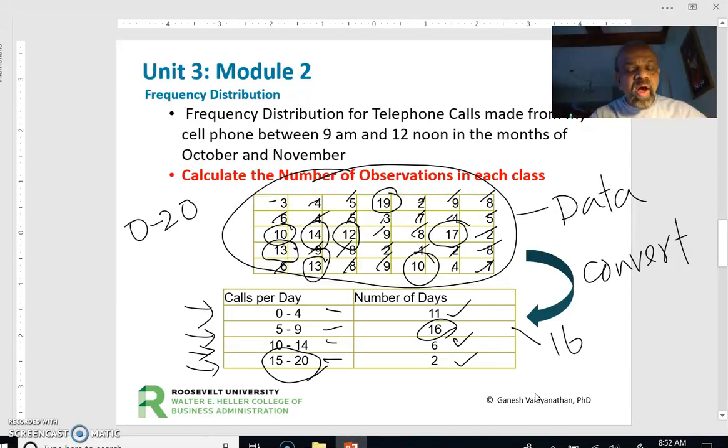From this gibberish data with nothing, I now have some data which basically says I'm not that bad actually. I'm making only 5 to 9 calls for 16 days, the majority of the days. These high numbers of calls I'm making only for a very small period of time. So I'm doing really well with my cell phone calls, and I can get some inference out of this from the frequency distribution.